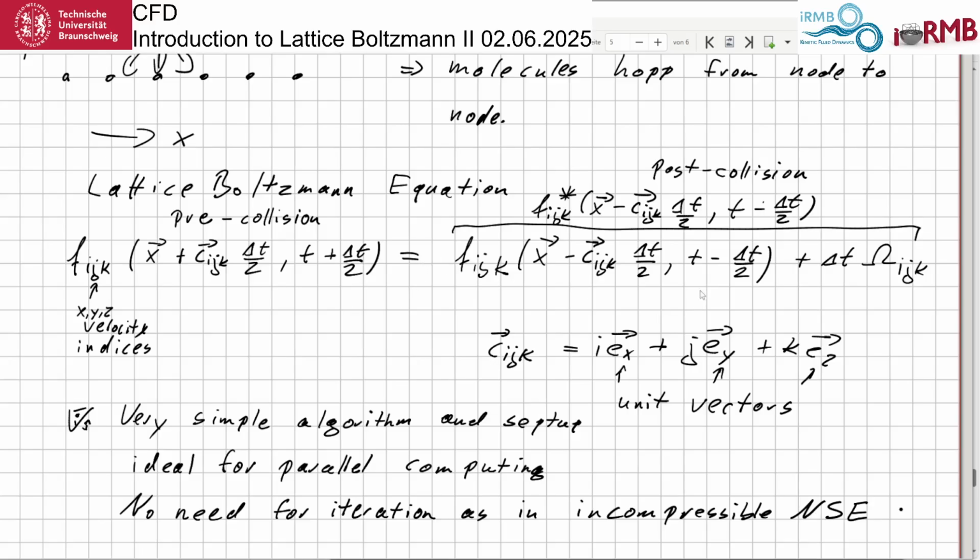Another thing we do, a little bit of a modern interpretation, is that we regard this not at the lattice nodes and not at the time steps, but in between the grid nodes and in between the time steps.